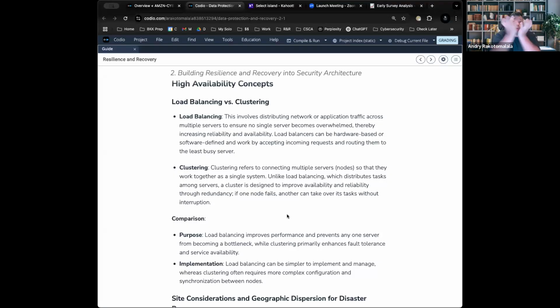Now, all of those could be one giant server, but more often than not, it is a cluster of all those different servers that function together and serve as one single system, right? So the idea here is that each of those servers owns their own task.